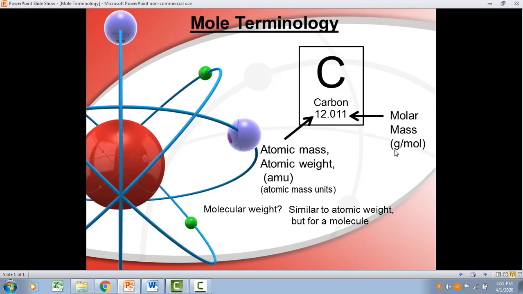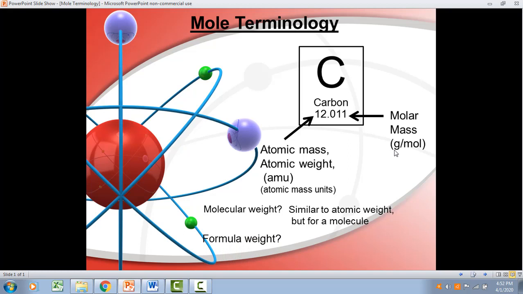But some compounds are not molecules like water. So what if you're dealing with something like sodium chloride? We talked before about how there's a difference between covalent or molecular compounds and ionic compounds. So something like sodium chloride does not exist as a molecule, so it's a bit incorrect to refer to its molecular weight.